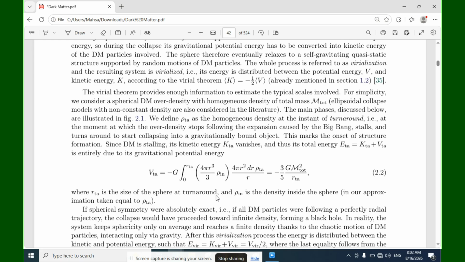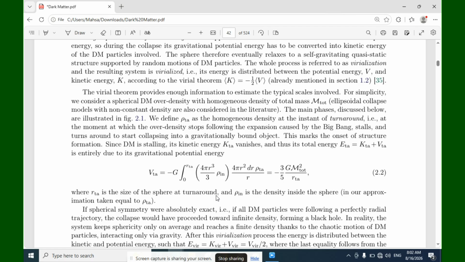We define rho TA as the homogeneous density at the instant of turnaround, for example, at the moment at which the overdensity stops following the expansion caused by the Big Bang, stalls and turns around to start collapsing into gravitationally bound objects. This marks the onset of structure formation.